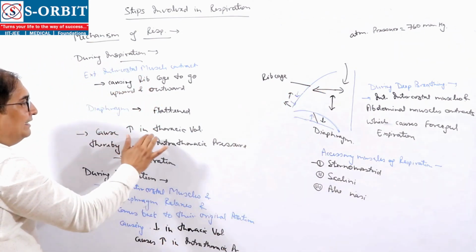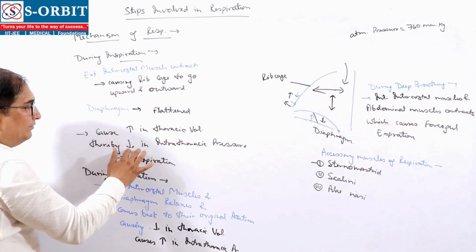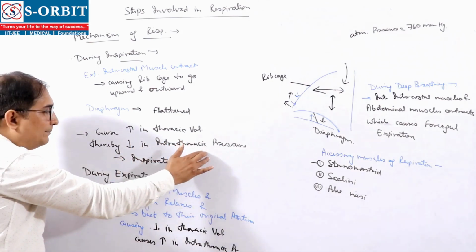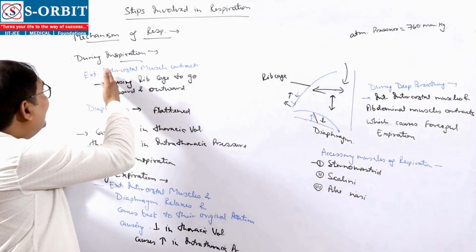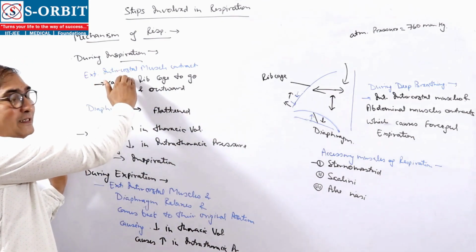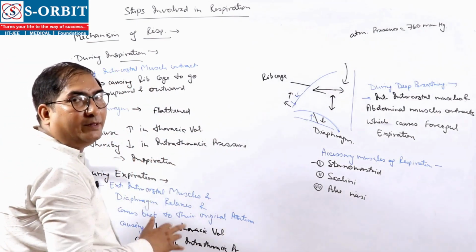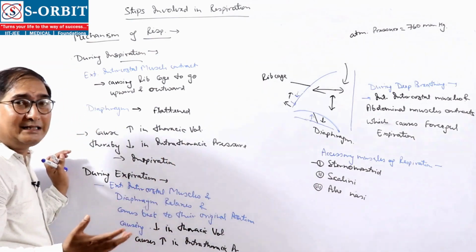Both of these result in increased thoracic volume, which causes a decrease in intrathoracic pressure. So inspiration is an active process, because both the contraction of the external intercostal muscles and the contraction of the phrenic muscles of the diaphragm require what? Expenditure of energy.